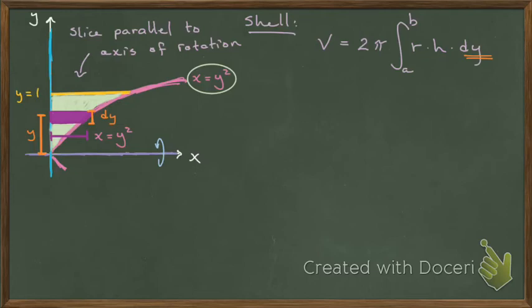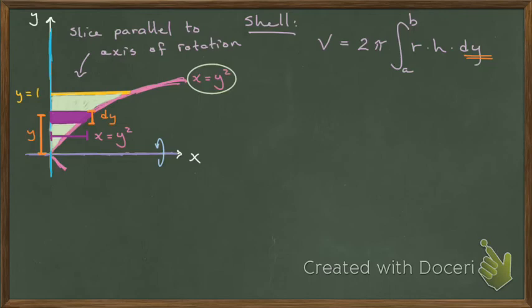Or does it make more sense to draw a horizontal slice? It really depends. I can't really give you a go-to decision-making mechanism. It just depends on the region and the axis you're rotating around.